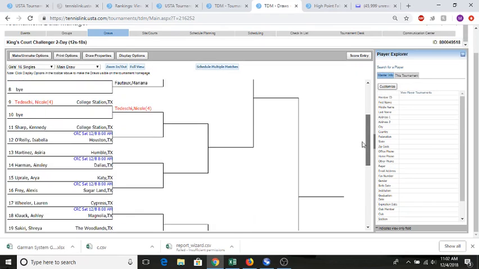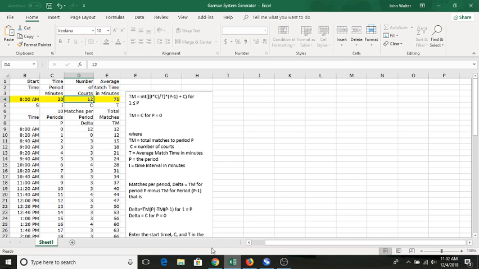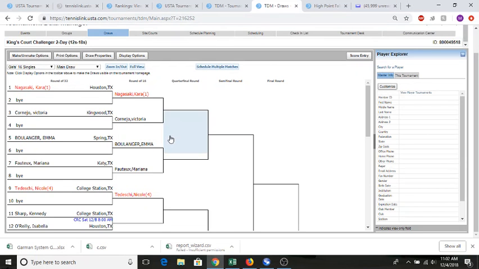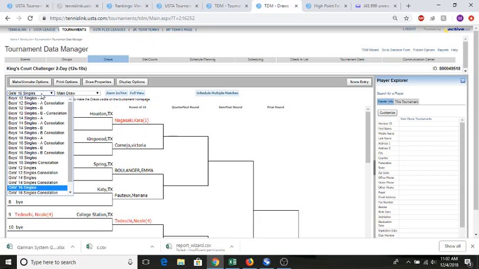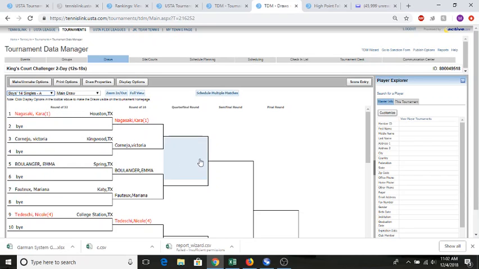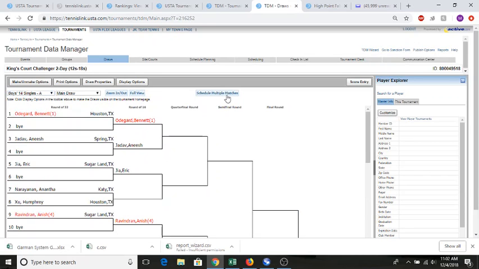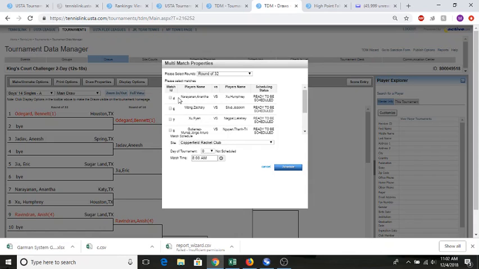Right there. So then I'm going to take a look at my Garmin generator. The next time is 8:40, and I have 3 matches to schedule. And the next draw I have in line is Boys 14s A. So let's go to Boys 14s A. Schedule multiple matches. 3, day 1, 8:40.